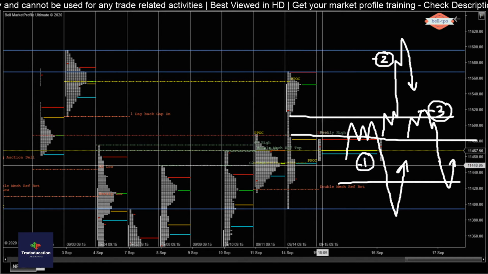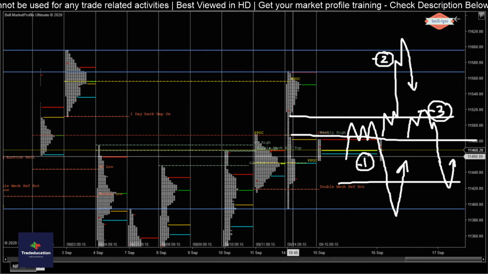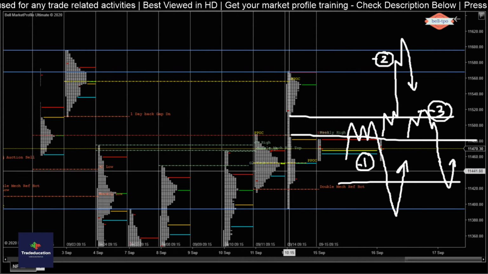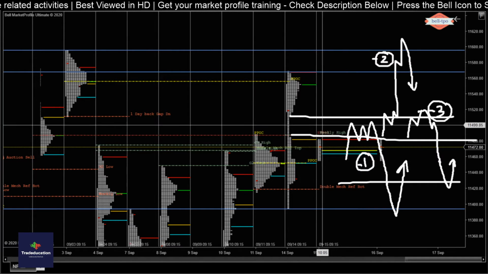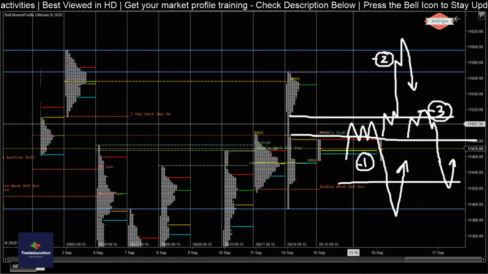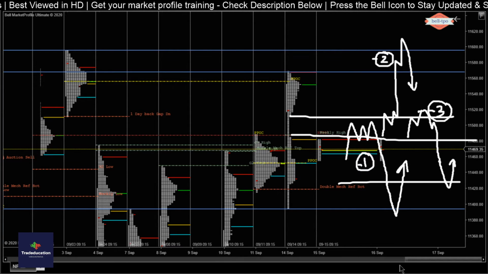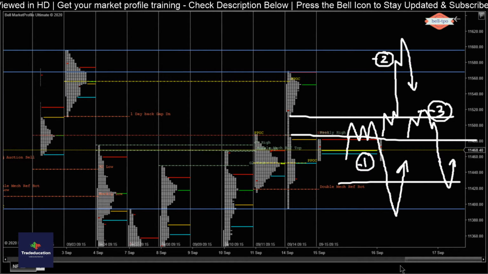We have a double distribution. This lower distribution would act as a level of support wherein buyers would be coming in. And now buyers need to take the auction higher. So we are still in auction path number 1. Let's see what happens.